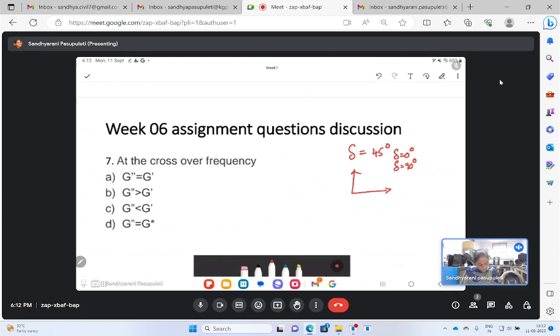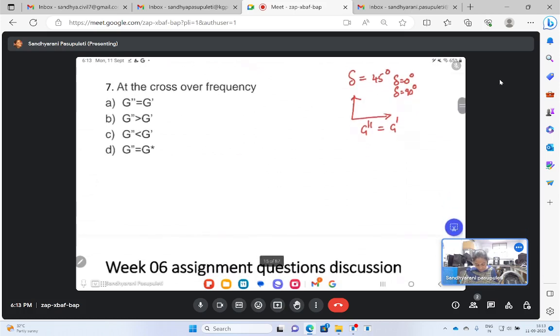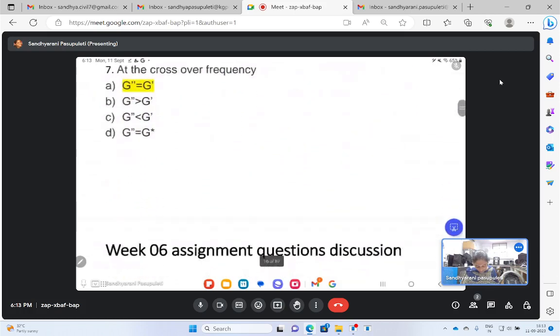At some particular angle, let us say at 45 degrees, the loss modulus G double prime and the storage modulus G prime will be equal. That corresponding frequency is called the crossover frequency. So here the option is A.